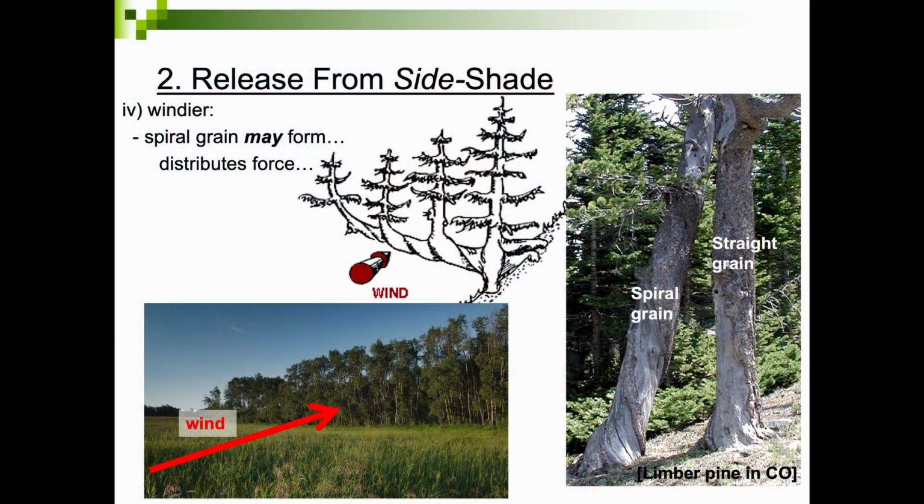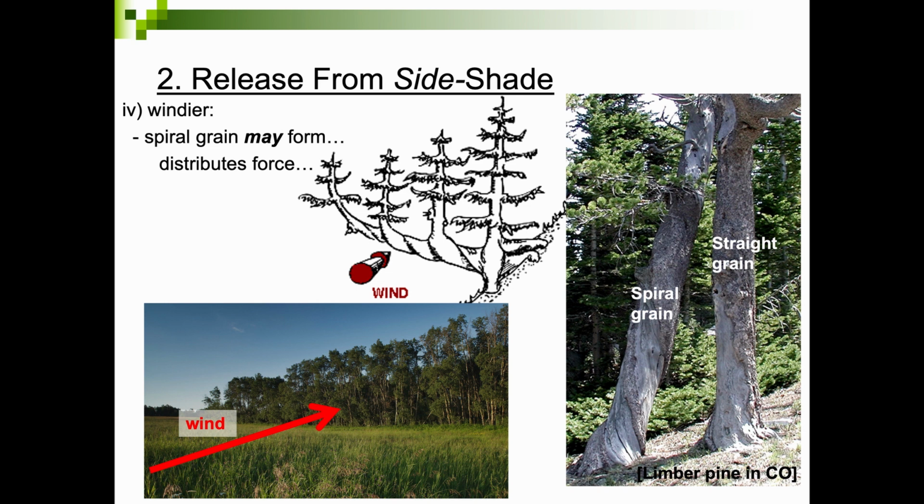We already talked about how release from side shade increases the amount of wind that individual will experience, but we didn't talk about how it interacts with the shape of the tree. Many times when an individual is growing in a very windy environment, you'll see a spiral of the central stem.